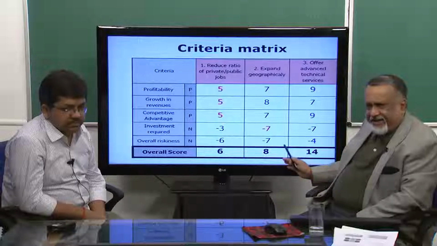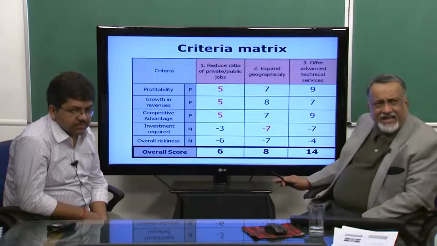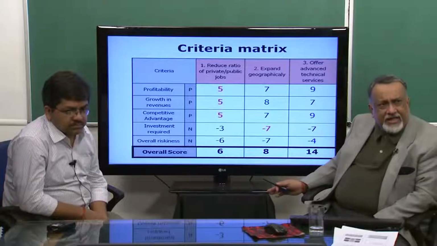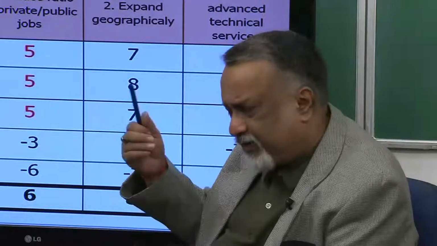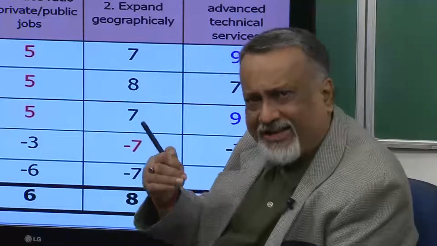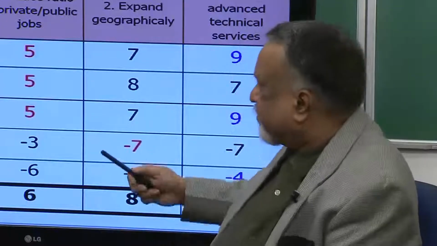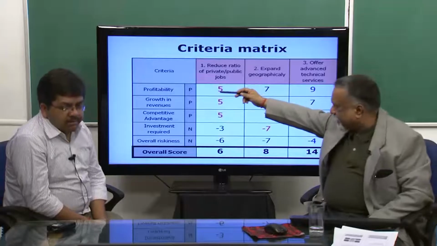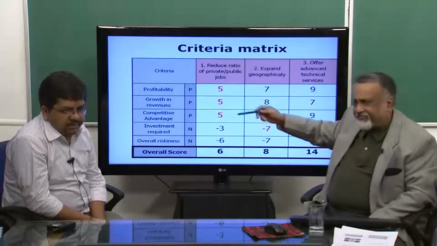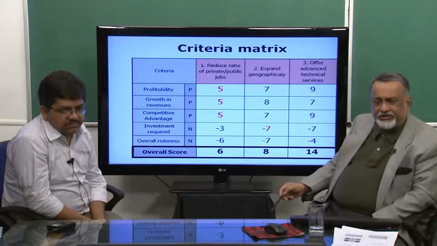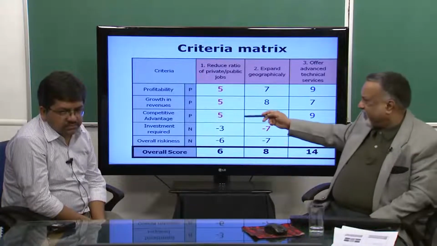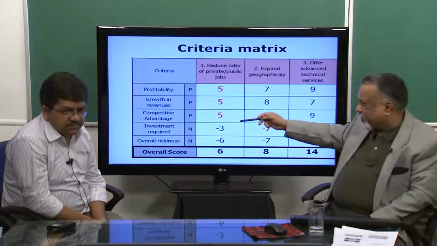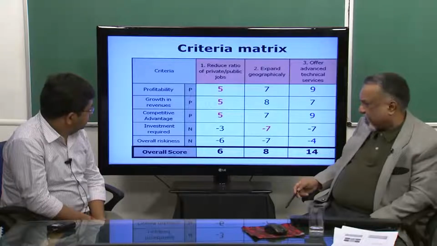Among these three, again we want to understand which one is more important, so we have to rank them as first, second, third priority. This is how we will do it. We will take criteria: profitability, growth in revenues, competitive advantage, investment required, overall riskiness.